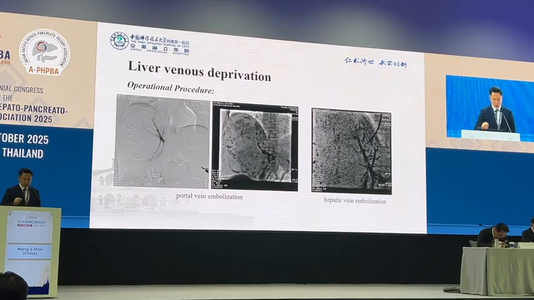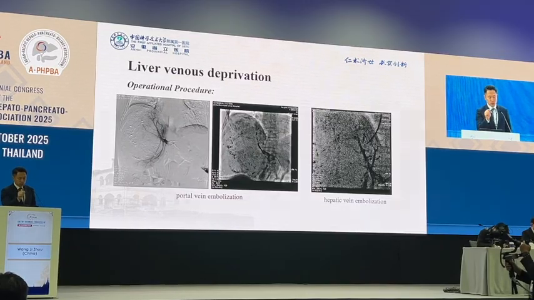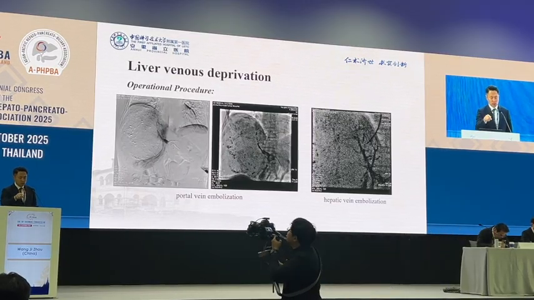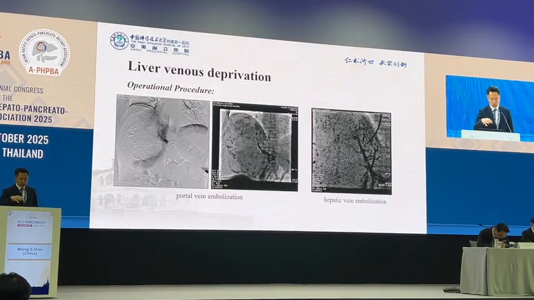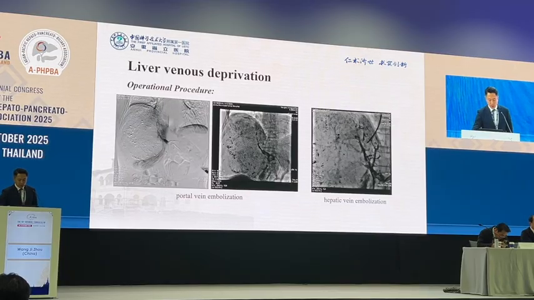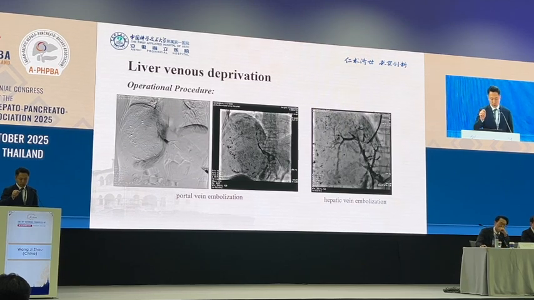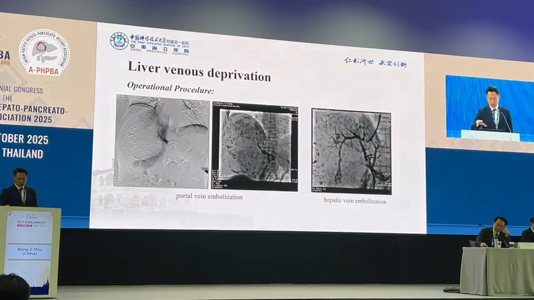First, normally we puncture the portal vein, find the right portal vein and do the portal vein embolization. Next, we can puncture the right hepatic vein and do the hepatic vein embolization.